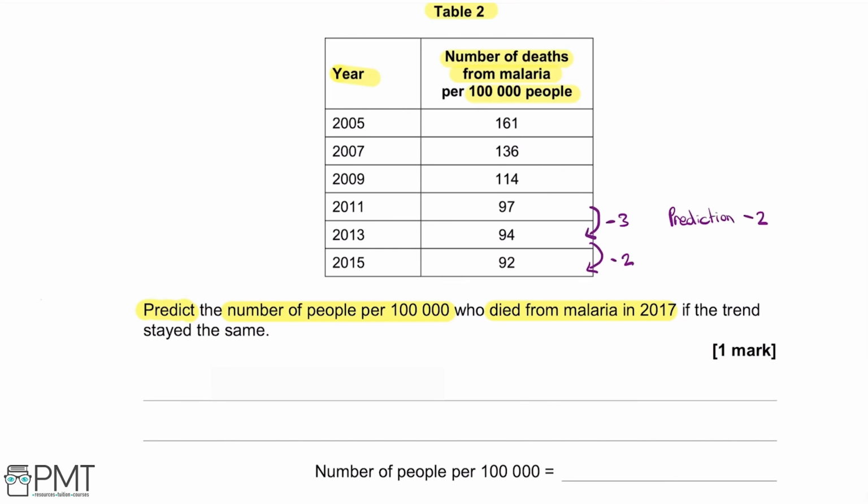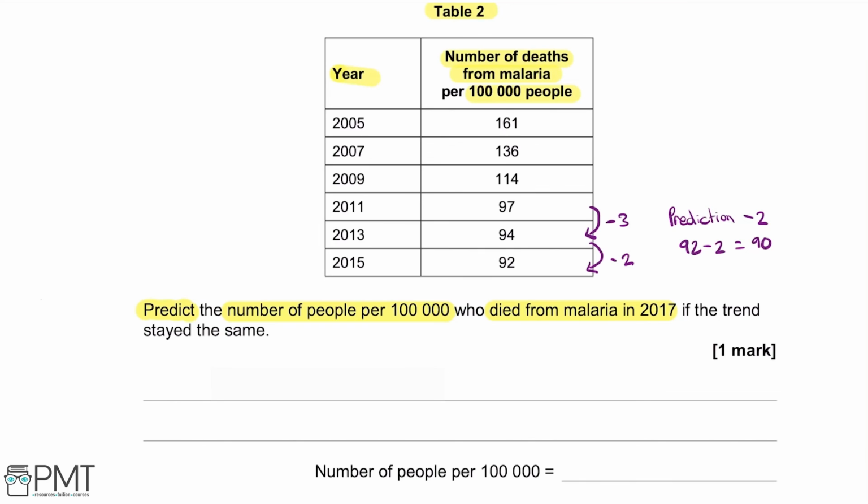So we will take our current value. In 2015, 92 people died from malaria per 100,000, so that's our starting value. We take away 2, as is our prediction for the next couple of years, and that gives us a value of 90. So we might say that in 2017, 90 people per 100,000 will die from malaria.